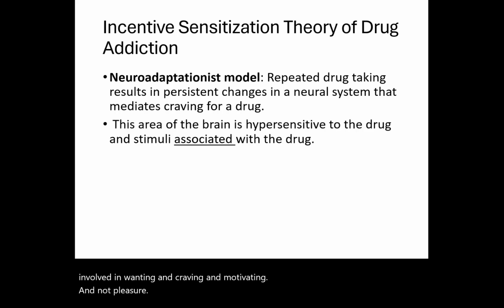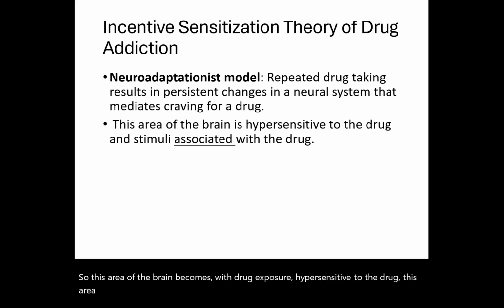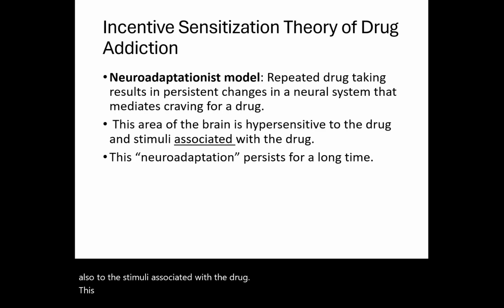So this area of the brain becomes, with drug exposure, hypersensitive to the drug. This area that motivates, rationalizes its behavior, becomes hypersensitive to the drug, but also to the stimuli associated with the drug. This neuroadaptation, this hypersensitivity, doesn't go away when withdrawal symptoms go away.